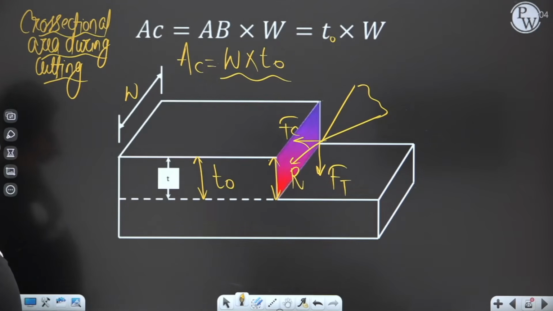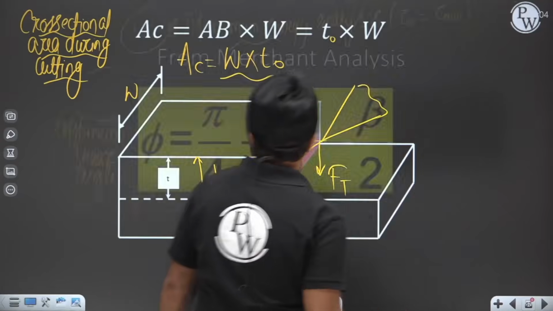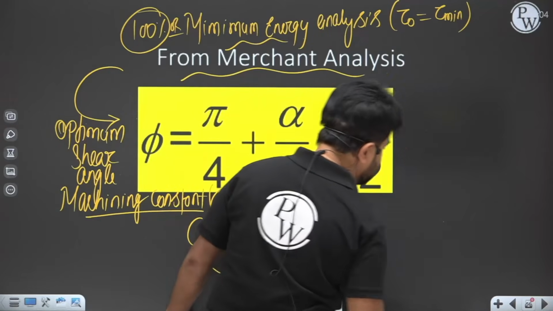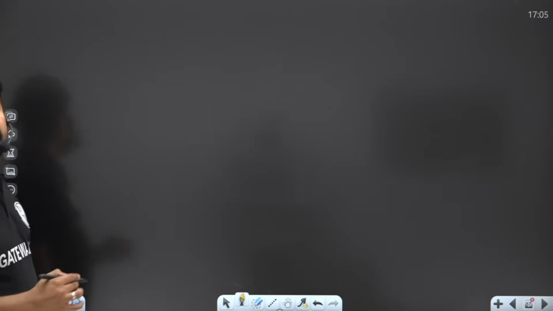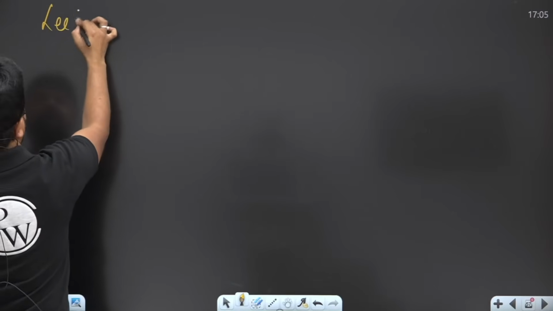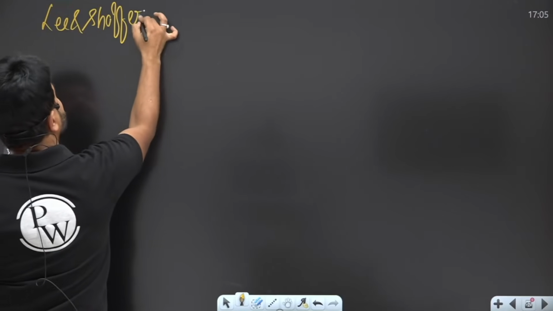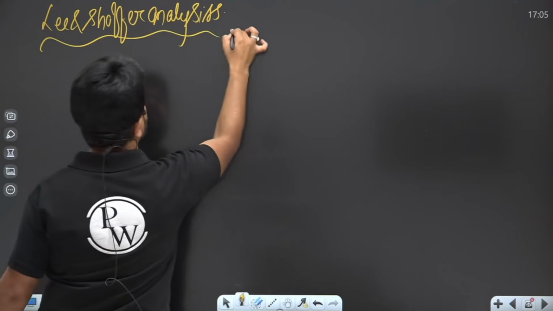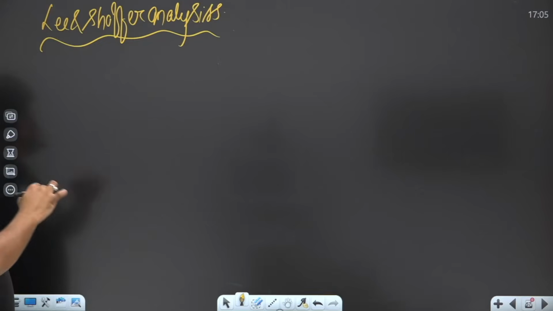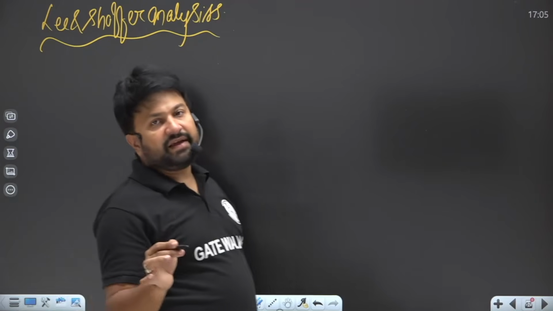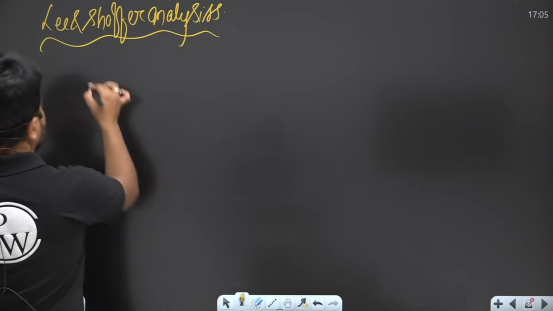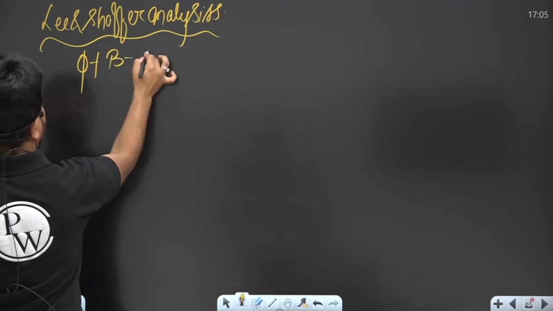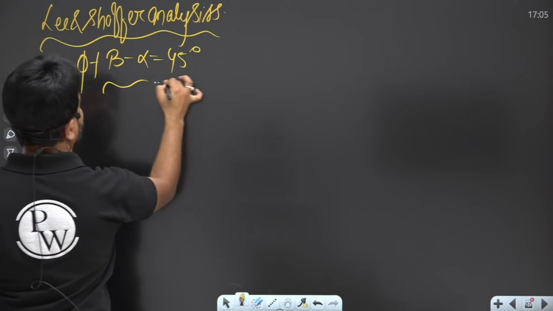Actually, apart from Merchant analysis, there are some other analyses like Lee and Shaffer analysis. According to the Lee and Shaffer assumption, the relation between phi, friction angle beta, and alpha is phi plus beta minus alpha equals 45 degrees.